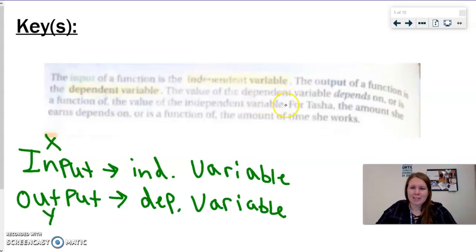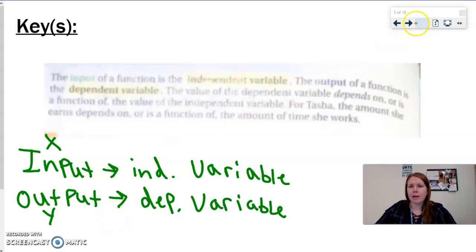So they're going back to thinking about that example with Tasha and babysitting. It says for Tasha, the amount she earns depends on or is a function of the amount of time she works. So her independent variable would be how much she's charging. The output is how many hours she works.